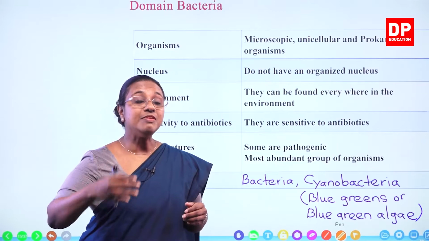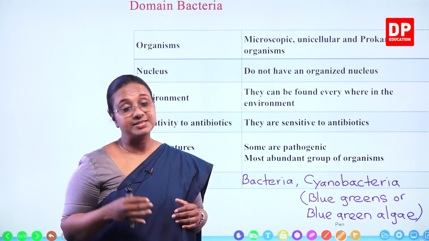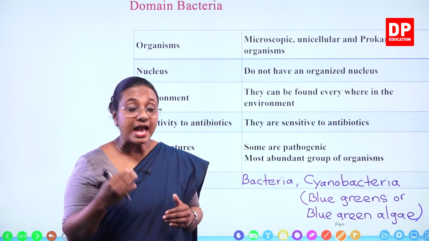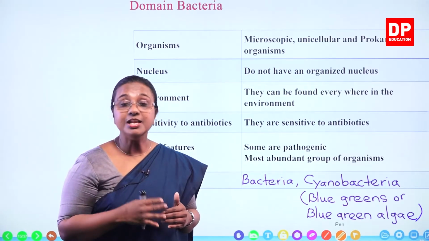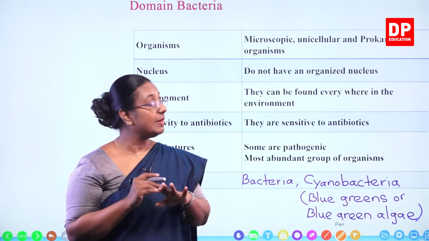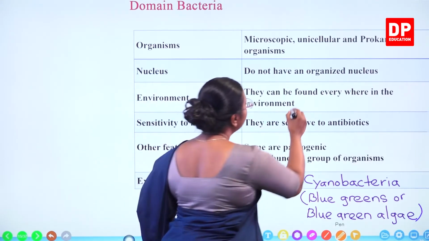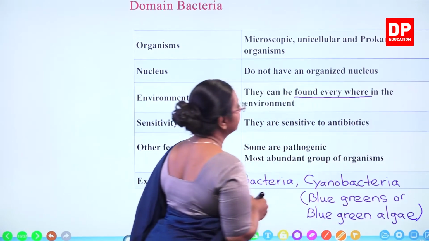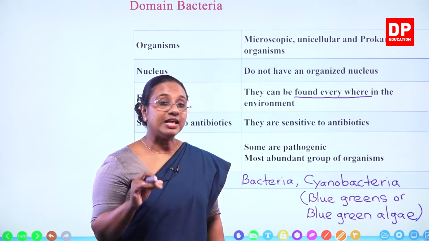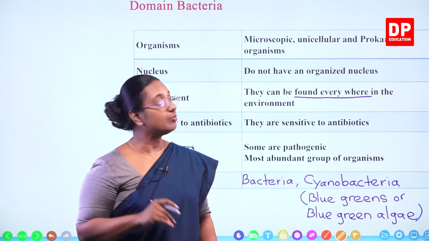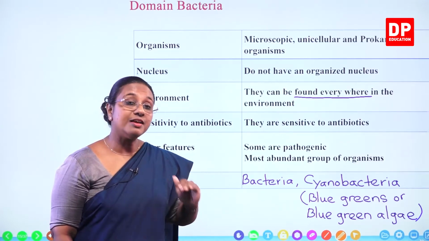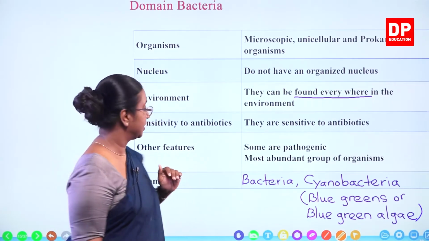Then they can live in dead plants and animals as well. They act as decomposers, you can remember that. And also they can live in hostile or extreme environments. So they basically can be found everywhere in the environment, no exception. So you can get bacteria and cyanobacteria basically everywhere on earth, wherever there are living organisms.